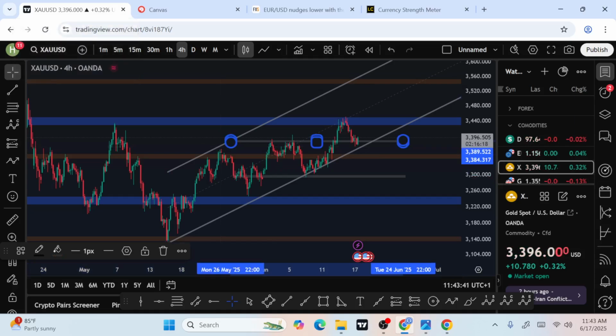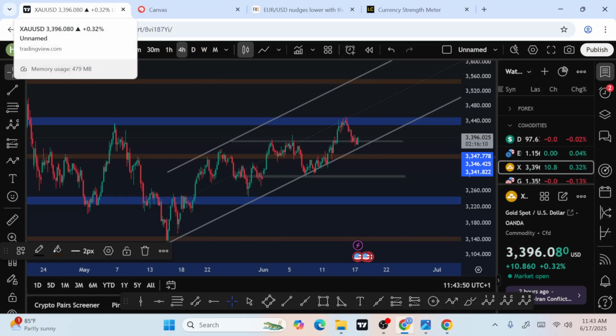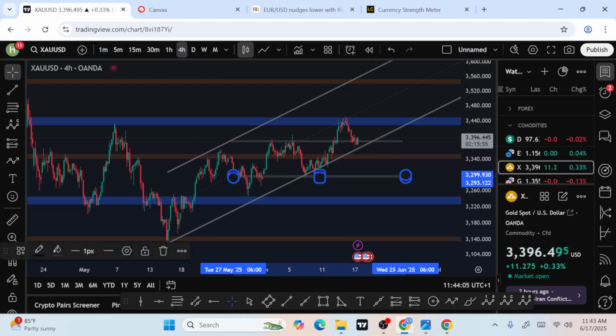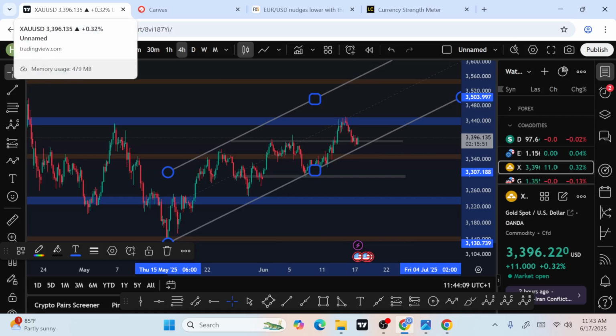Then the next corrective move is supposed to come down to this line, maybe 50% of this impulsive move, then continue to break another structure to the upside. Then you violate this here, so you now break it downward. If this particular one breaks structure to the downside, it is what we call a change of character.